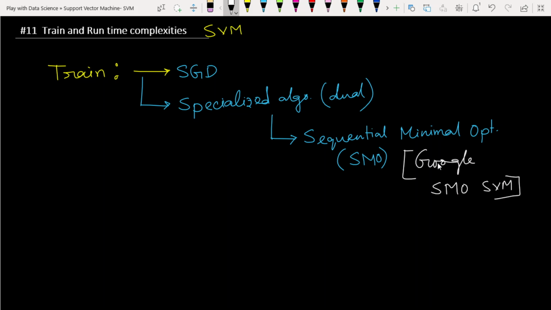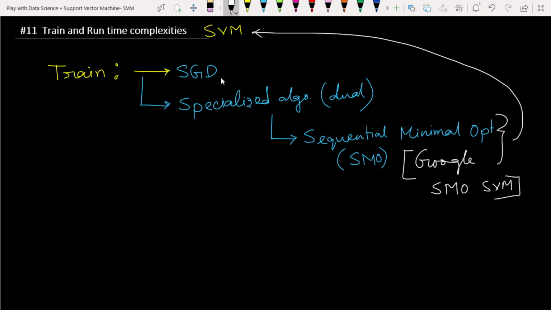I'm not going to discuss that. These algorithms come from some modifications of the dual problem, and they are very useful in SVM. After developing the SMO algorithm, the training time complexity was reduced.